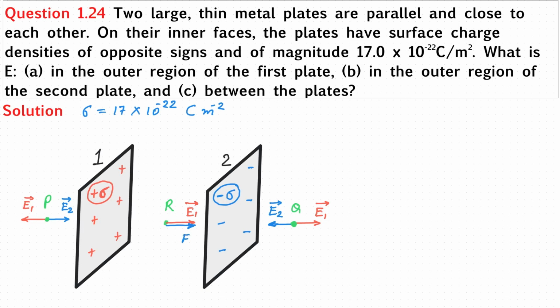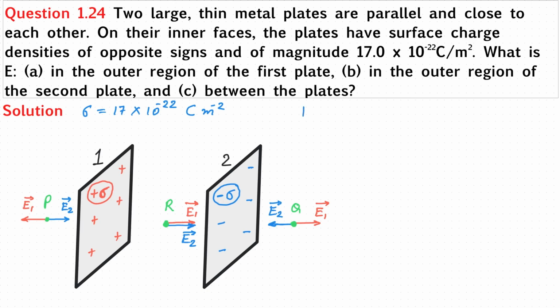This is E2, because the second plate is negatively charged, and this point R is to the left of this second plate, and so the electric field E2 will be in the right direction again. So at this point R, both the electric fields E1 and E2 will be in the right side direction.